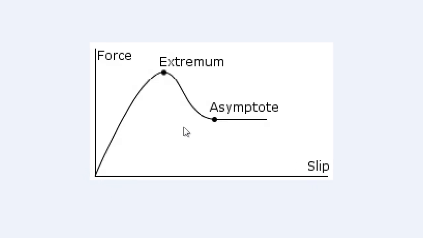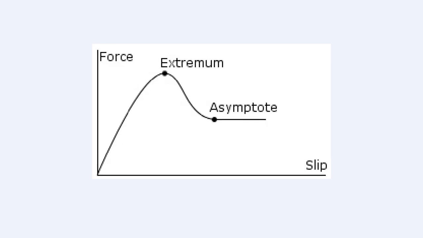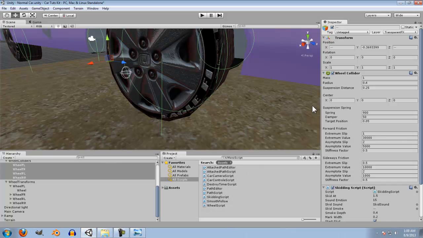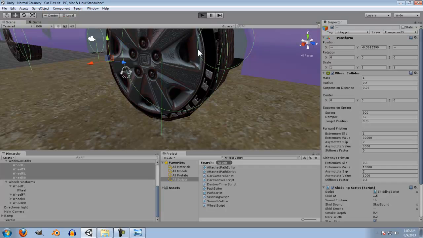Now, if you set the slip to 100%, there will be no force. Let me show you what I mean by that. I'm going to set the stiffness factor to 0, and that would make it have 100% slip on the ground. If you try to run on a slippery surface with 100% slip, you won't be able to move a bit, and that's what it means.